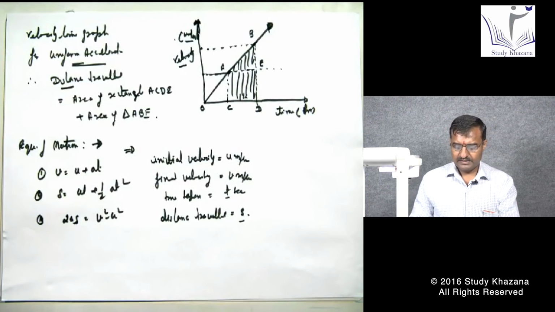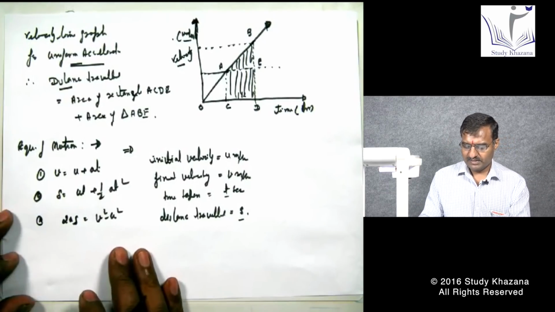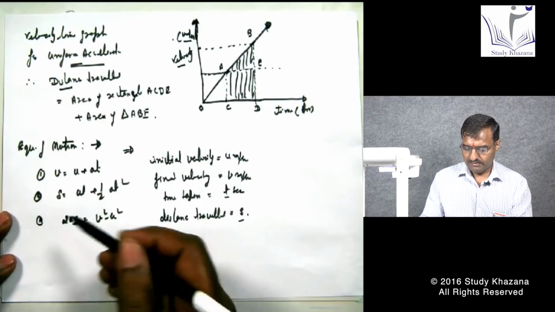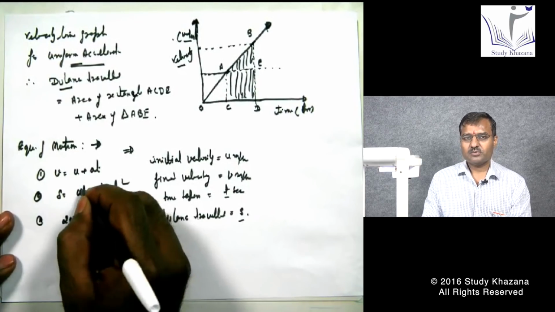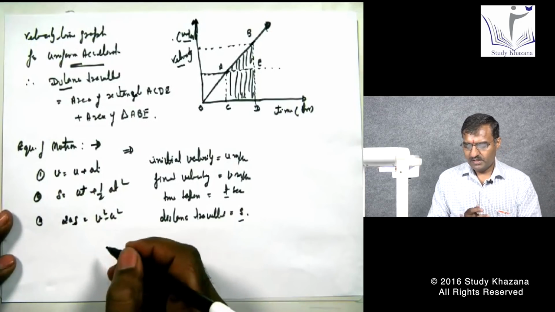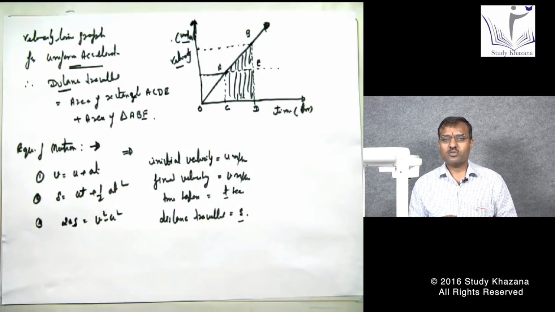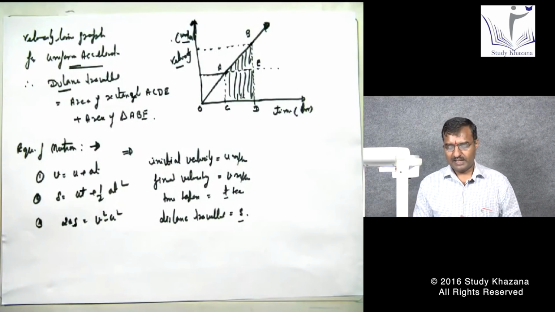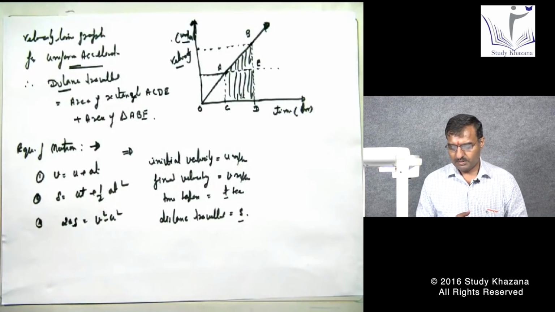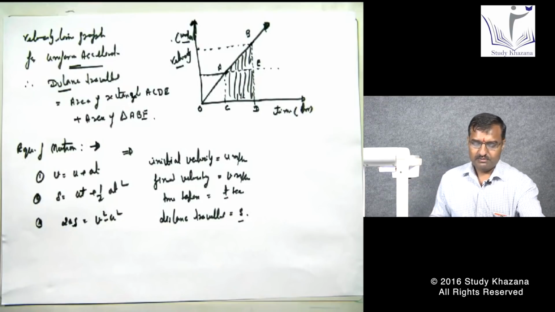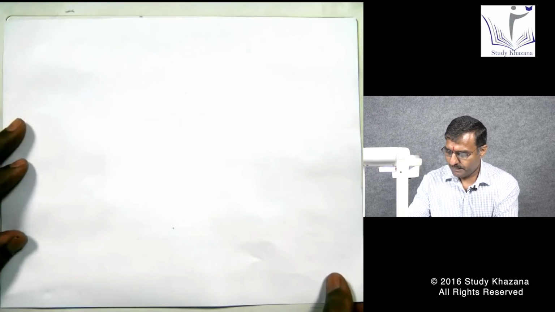Now I write here the equations of motion: v equal to u plus at, s equal to ut plus half at square, v square minus u square equal to 2as. Here we have considered the motion of an object in a straight line with uniform acceleration, having initial velocity u meter per second, final velocity v meter per second, time taken t, and distance traveled s. Now we will derive these equations by considering a simple graph. Say I am drawing a first graph like this.